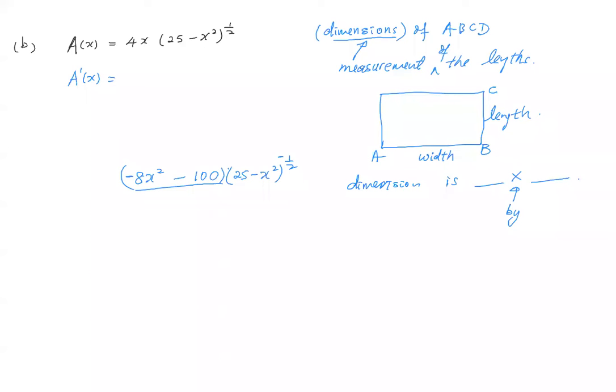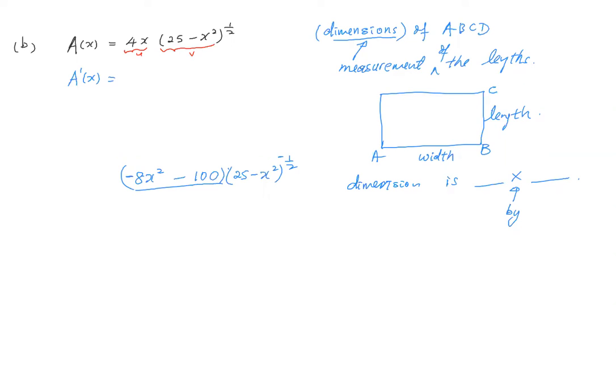Okay, let's work out. So we do by product rule. Okay, I think you take this whole thing as your U, am I right? And this whole thing as your V, am I right? Yes, teacher.